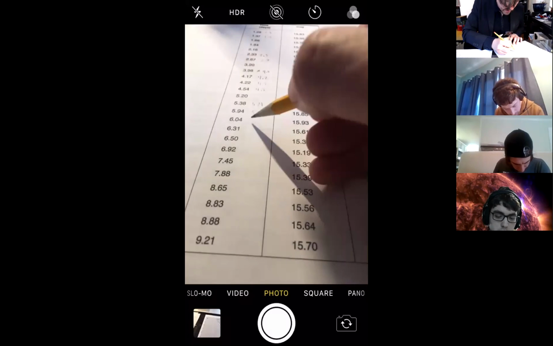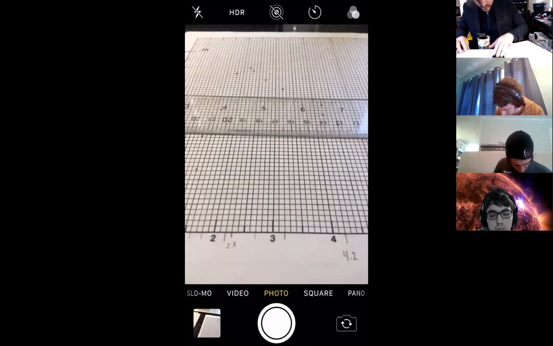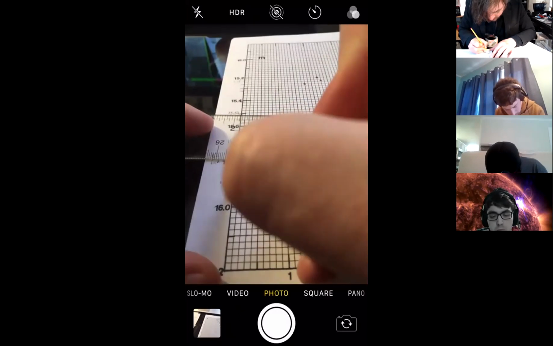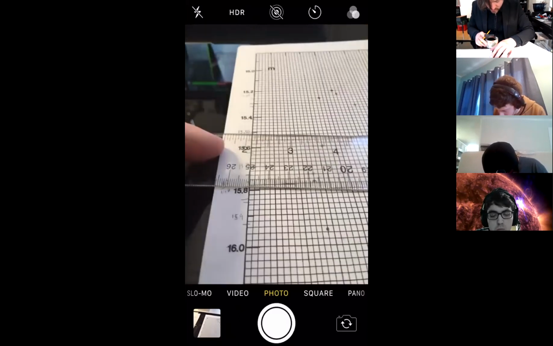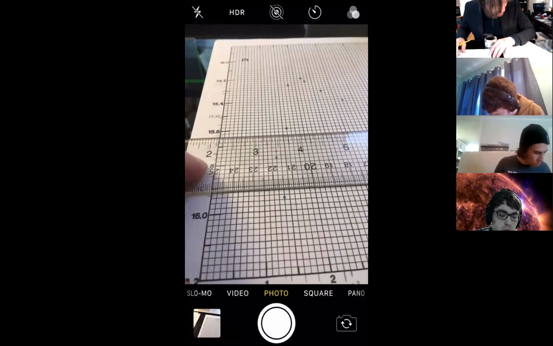Okay. This is 6.0 basically, and 15.93. So 15.93 is right after 15.92. And that was 6.0.